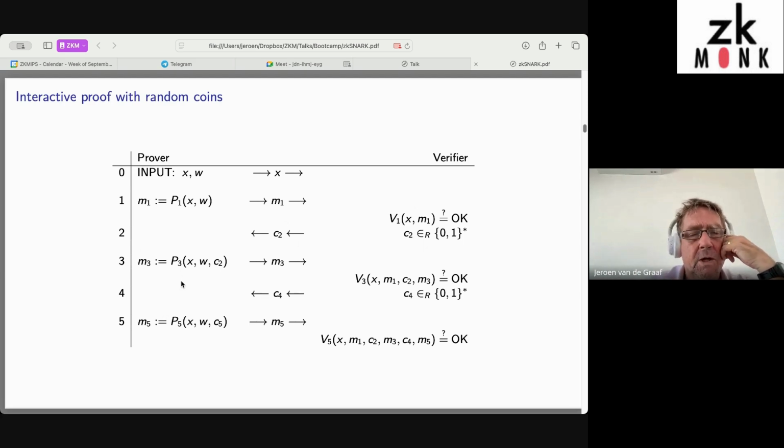Because what we're going to do if we transform an interactive proof into a non-interactive proof is the following. Instead of the verifier sending random bits to the prover, the random bits are going to be created by calling a hash function.